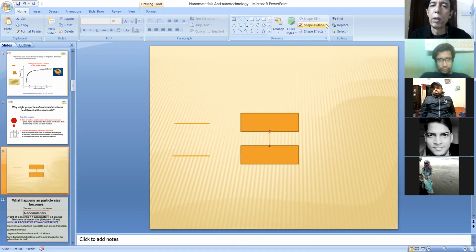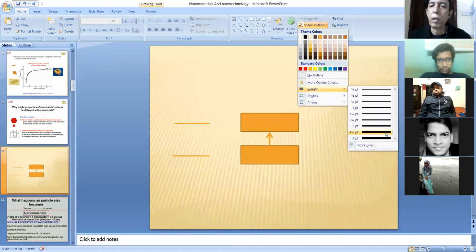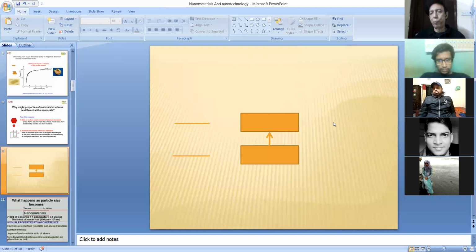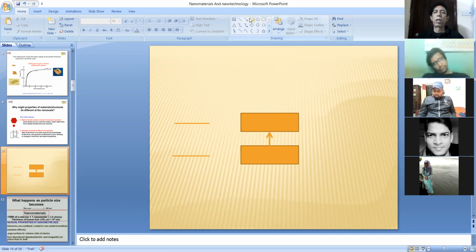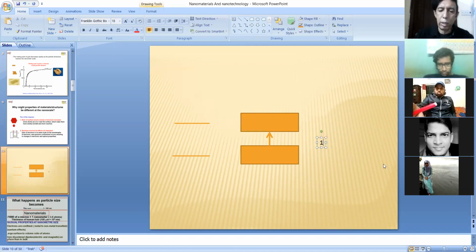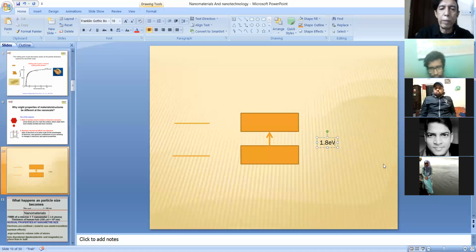Say this is the band gap, and say for example, the value is 1.8 electron volt for a semiconductor.